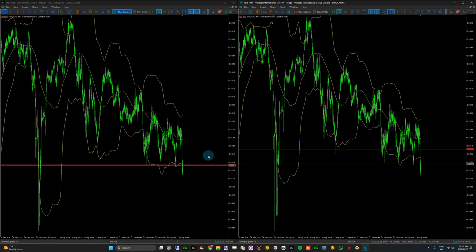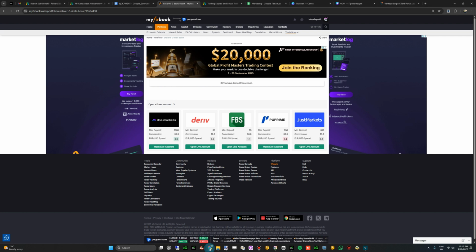Now, to provide a concrete example, I am going to show you something else of interest. This right here is the well-known MyFXBook website. From this homepage, we can proceed to the broker section, and once you are there, take a closer look at the specific forex spread size.